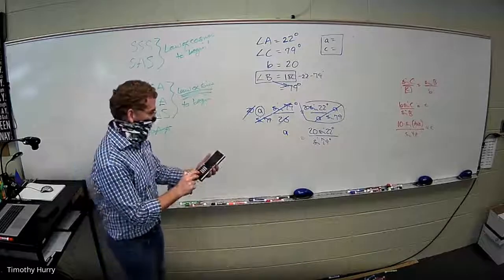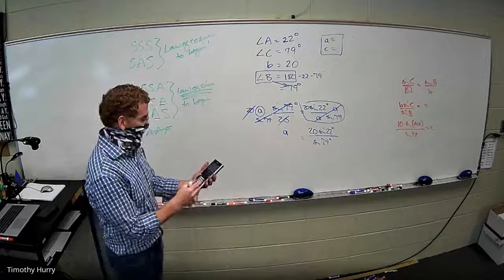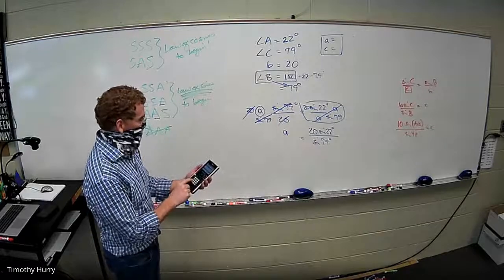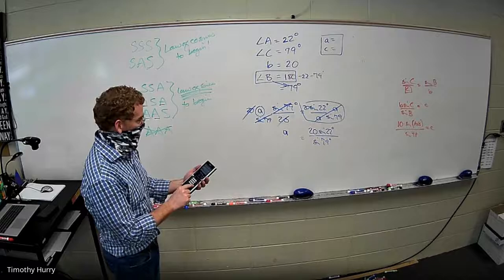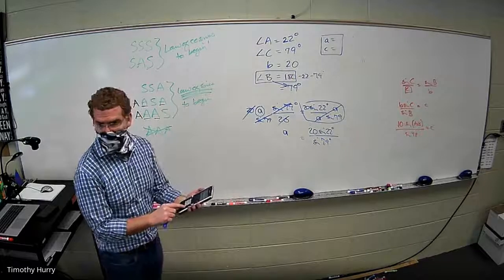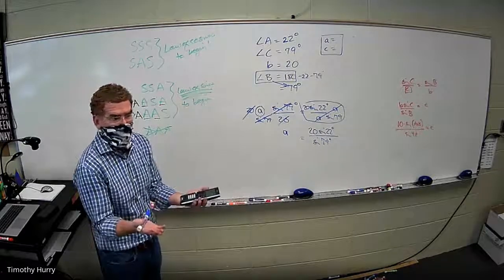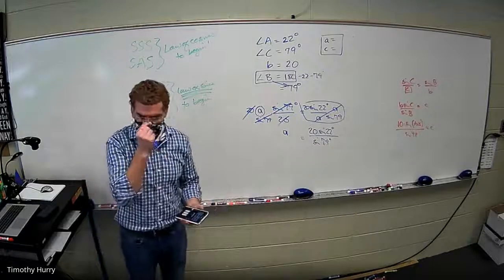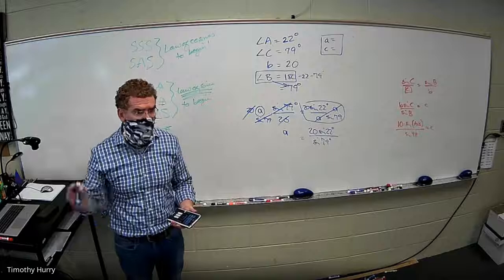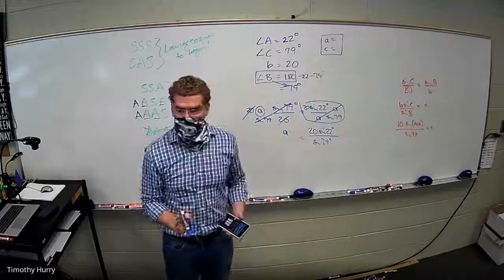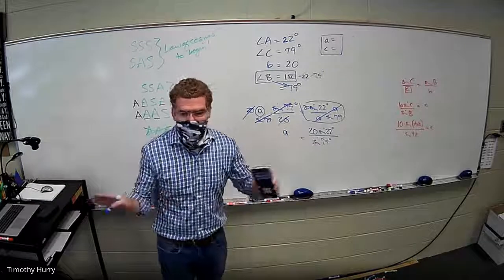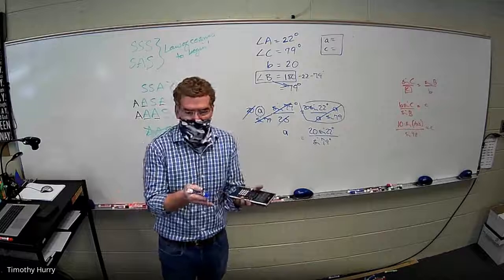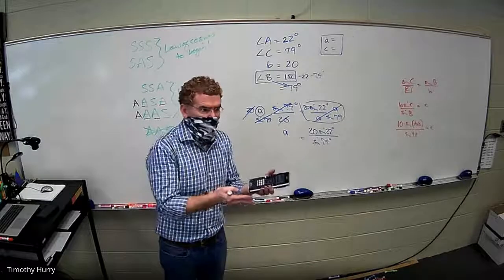So I type it in my calculator. Am I worried about my calculator lying to me? Why not? Because it's not an angle. I'm not doing an inverse sine, am I? I'm doing a regular sine. And remember, I know sometimes that's hard to wrap your brain around, but remember we graphed those yesterday? Regular sine goes forever. Inverse sine goes up. You're not going to have issues doing sine of something. Sine of something finds you ratios.